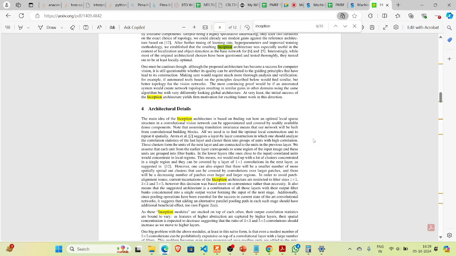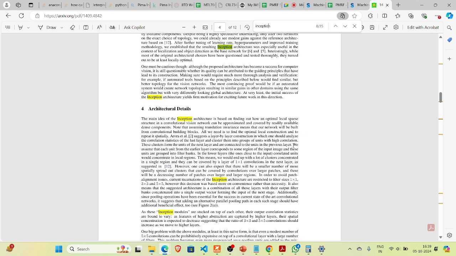So as you see, the main idea of the inception architecture here is to find a locally optimal sparse structure, in which this convolutional vision network can be approximated and covered by readily available dense components. So that is the overall idea.